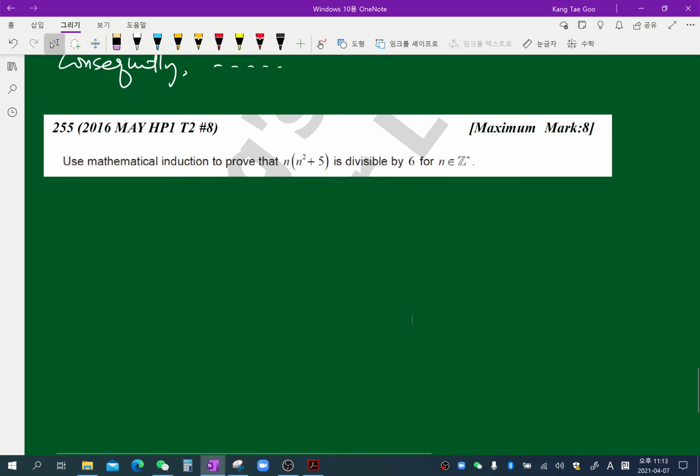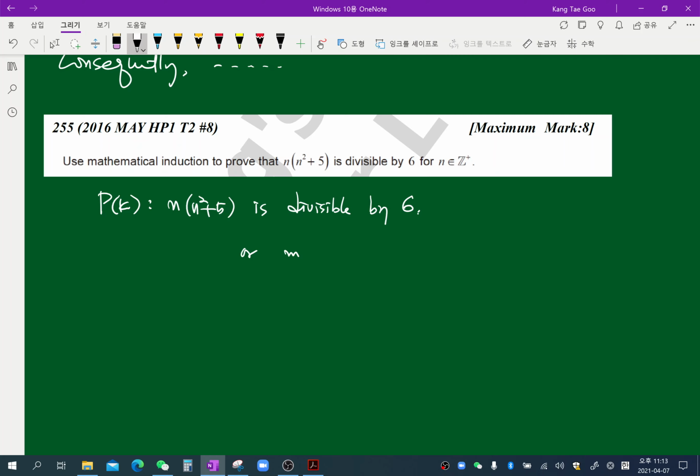Use mathematical induction to prove that n times n squared plus 5 is divisible by 6, or a multiple of 6. We need to set P(k), right? It is the same sentence, right?